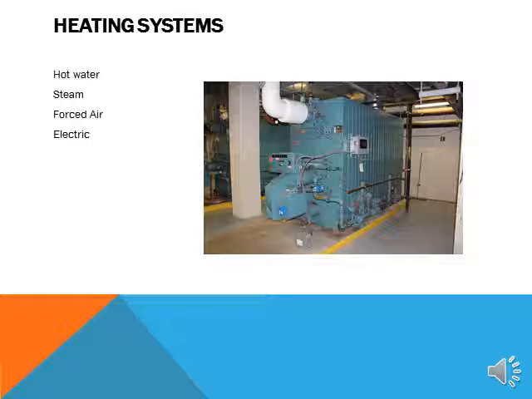Forced air systems are normally small rooftop or residential furnaces which are used in smaller structures to maintain the temperature. Electric is used as auxiliary heat, baseboard heat, or as a reheat in a large air handling system.